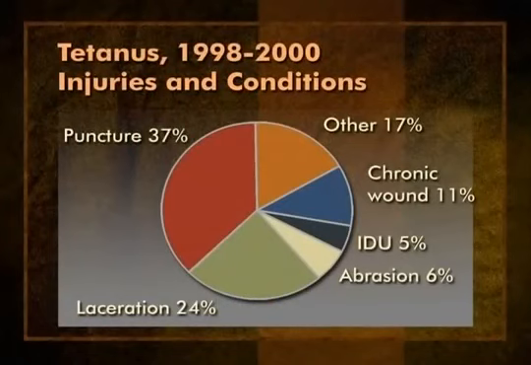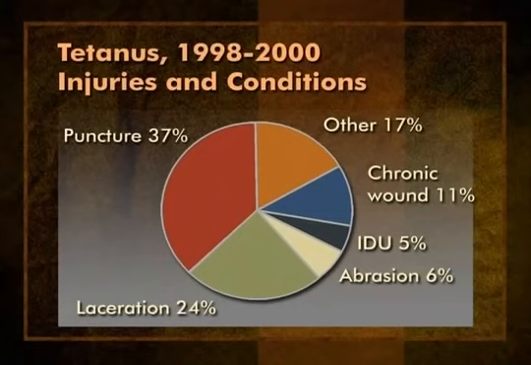This graphic shows the injuries and conditions reported in persons with tetanus in the United States from 1998 through 2000. Those are the last years for which we have compiled data. Wounds like punctures, lacerations, and abrasions accounted for 2/3 of the cases. Puncture wounds included stepping on a nail, splinters, injury from barbed wire, a tattoo, and a spider bite.